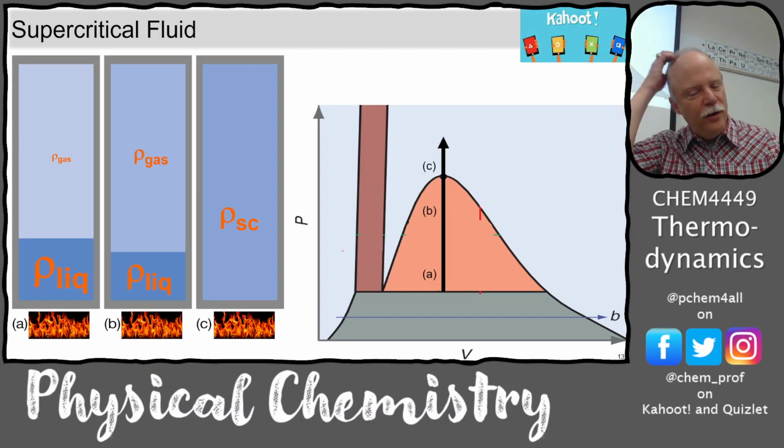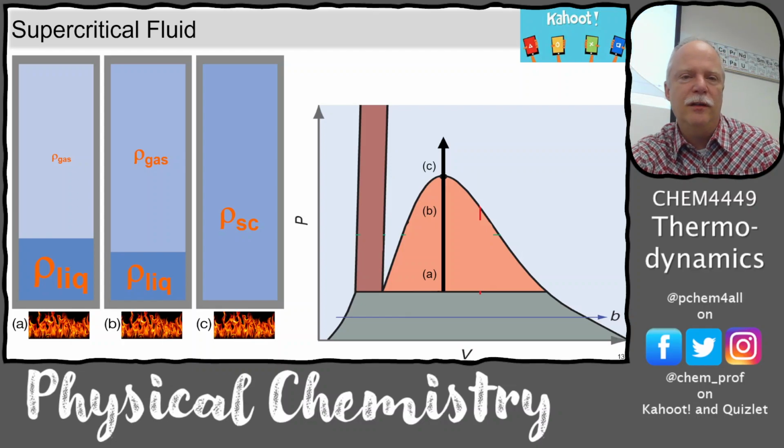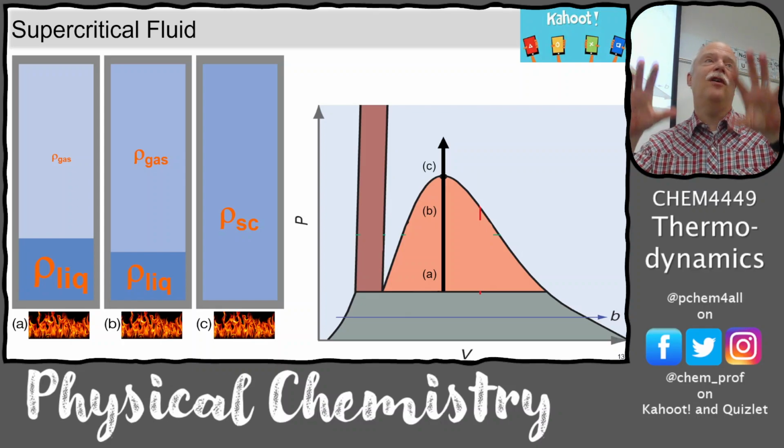I wanted to do a Kahoot at this point, but I think it's 8:50. But if you go to the Kahoot, you can look up the PT and PV phase diagram quiz. It's called the L20 phase diagram quiz. If you go to chem_prof on Kahoot and search for 4449, you'll see all of our Kahoots.